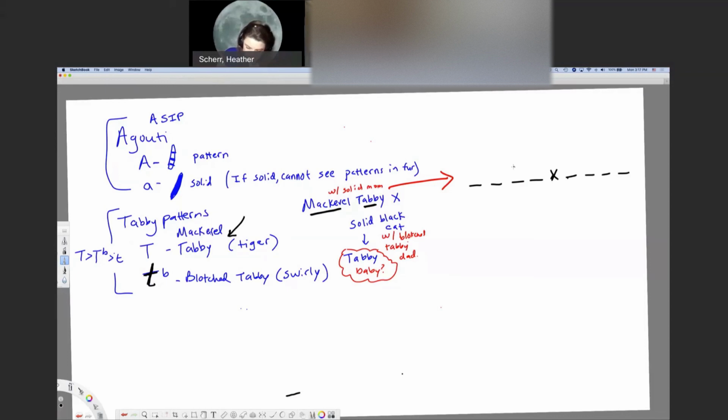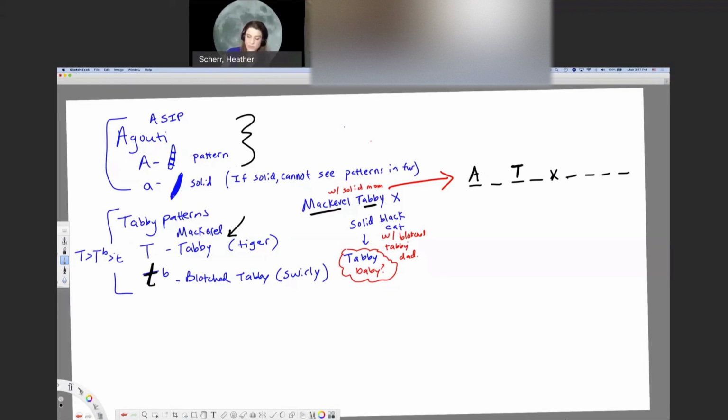So at least one T, okay? Now, in order to show a pattern, to even be mackerel at all, what do you have to be a pattern? That's the epistatic part. At least one of the big A's, the dominant A. At least one big A. That will give you a pattern. So we know that.